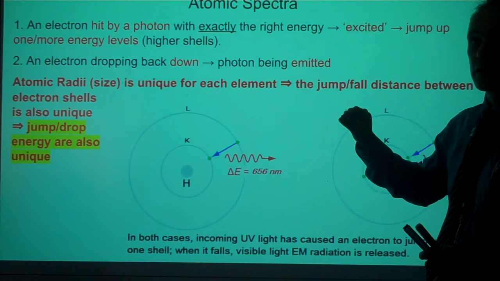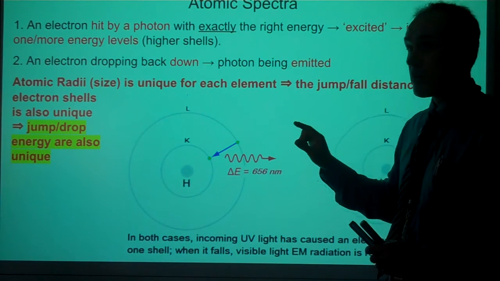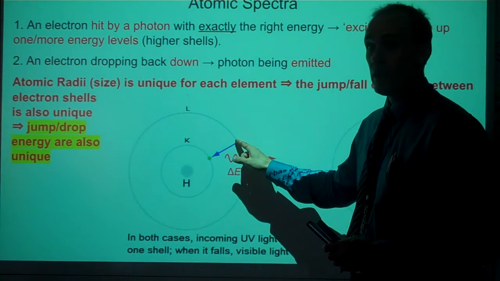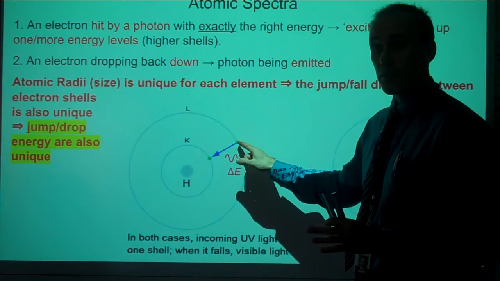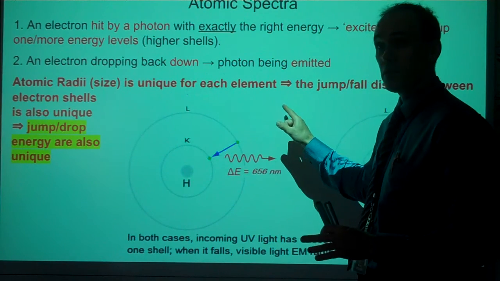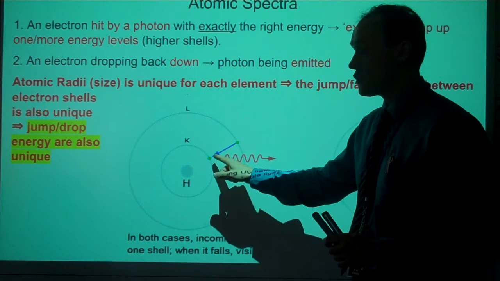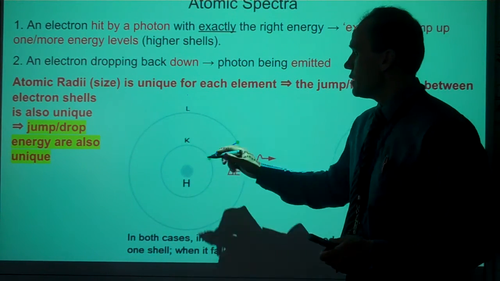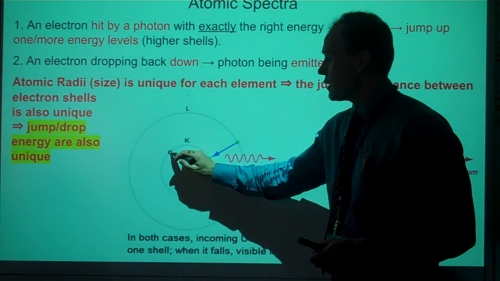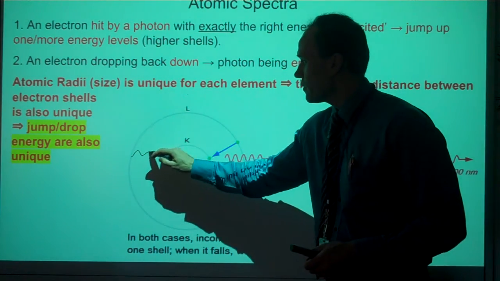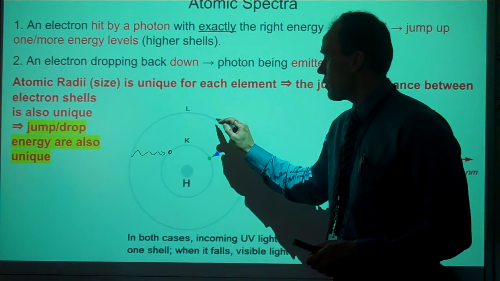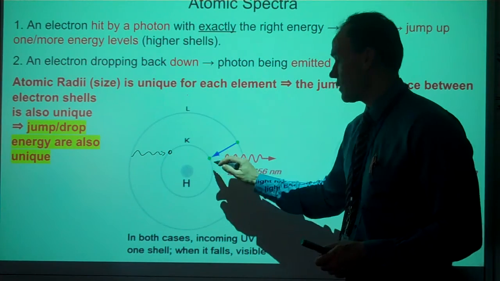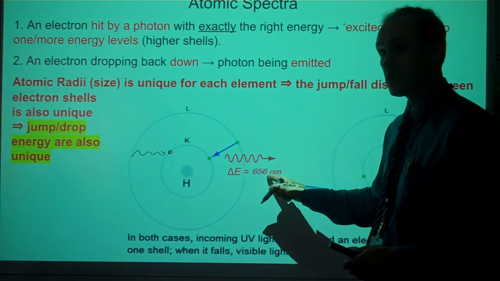It gets hit once. If it gets hit with the right amount of energy, it'll jump up a level. If it gets hit with a different but right amount of energy, it'll jump up 2 levels. And then when it falls down, it emits further energy. Say that was the electron there, it gets hit and jumps up 1 level and then falls back down and emits energy of a different sort.